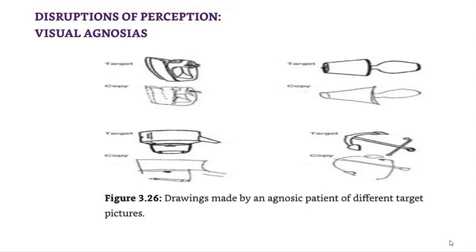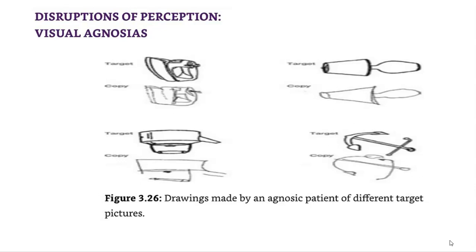So there are three different types of agnosias. The first is apperceptive. Patients with this disorder seem able to process a very limited amount of visual information. They can see the contours or outlines of a drawing or an object, but have a difficult time matching one thing to another.